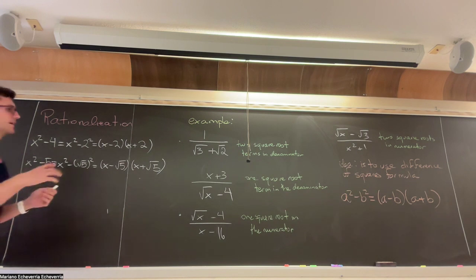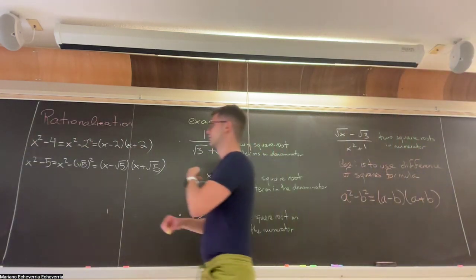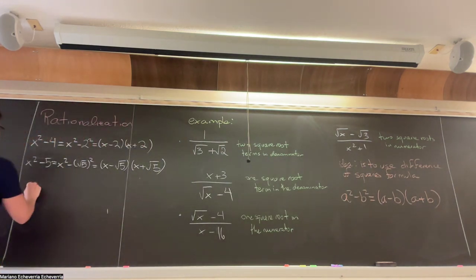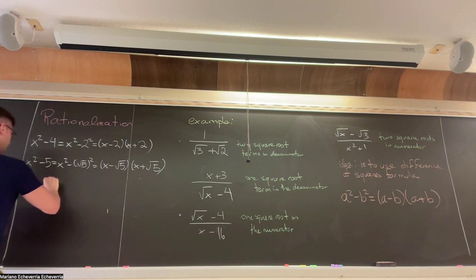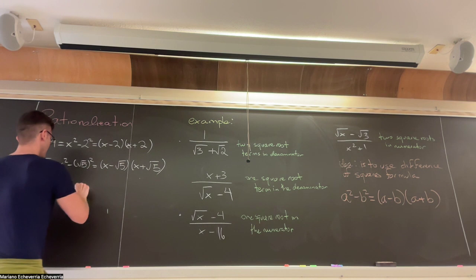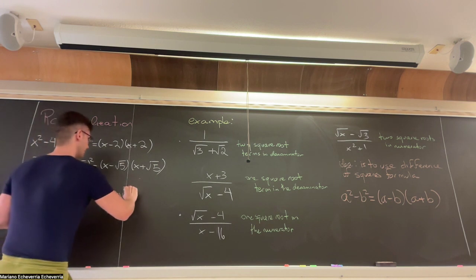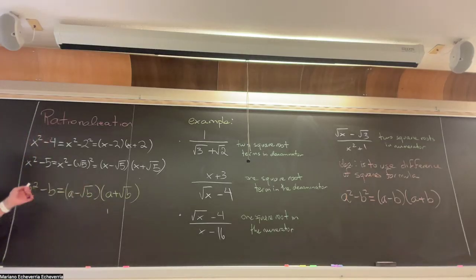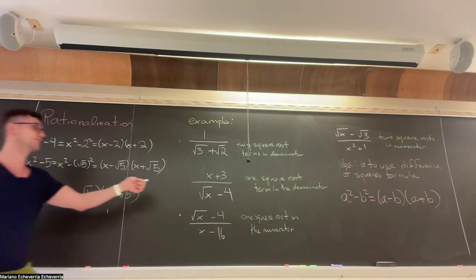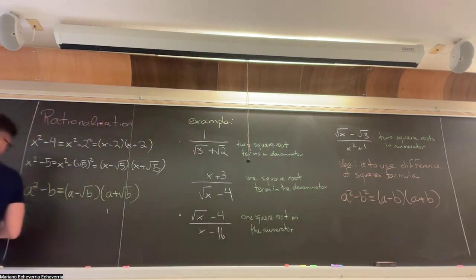So a version of the difference of squares formula, if you follow this analogy, is a squared minus b would be a minus root of b times a plus root of b. So this is essentially another way of rewriting the difference of squares formula. It just doesn't look as elegant, but it's the same idea.